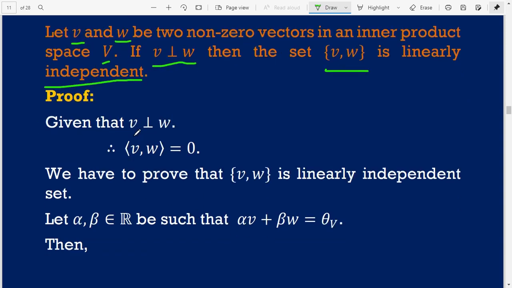So we have given V and W non-zero vectors, and V is orthogonal to W. So inner product V with W is equal to 0. So we have to prove that the set V and W is a linearly independent set.